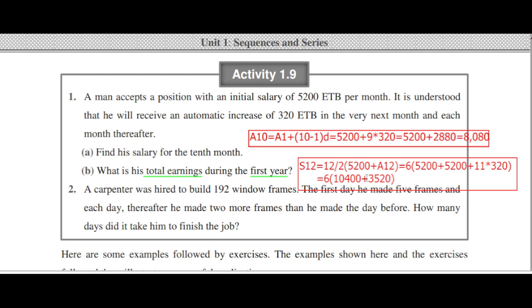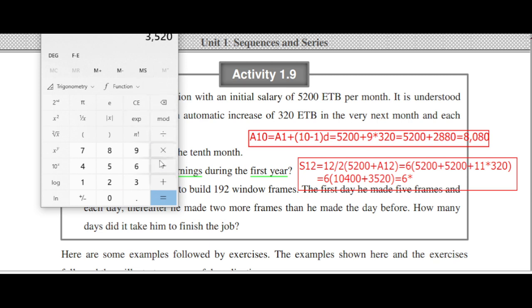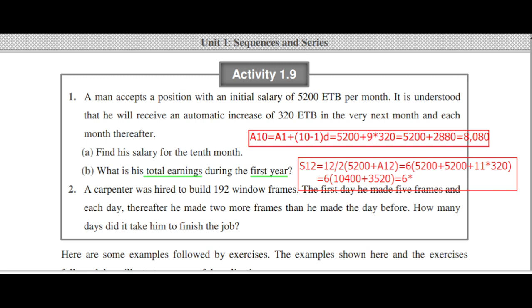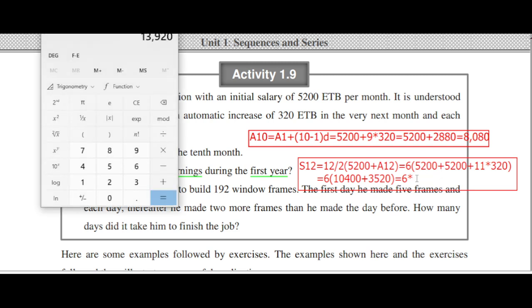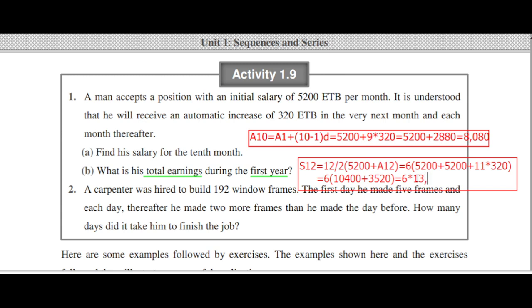3,520. This is equal to 6 times. Let's add 3,520 plus 10,400, which is equal to 6 times 13,920.